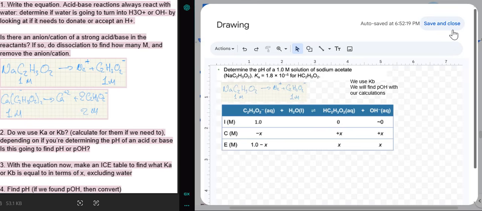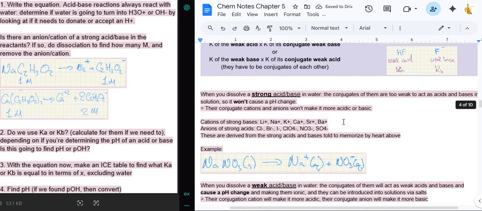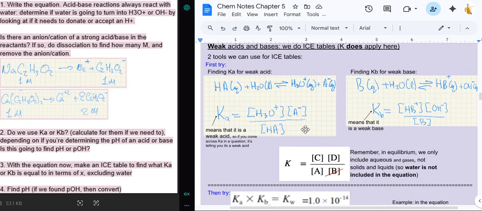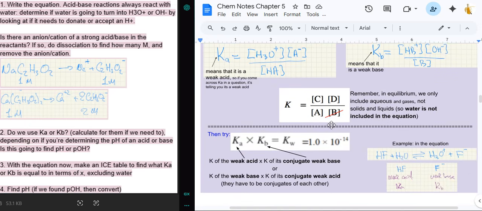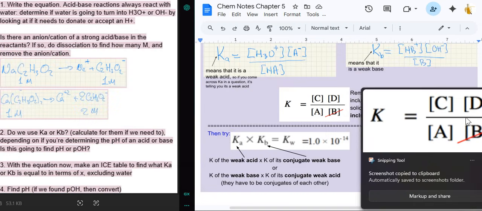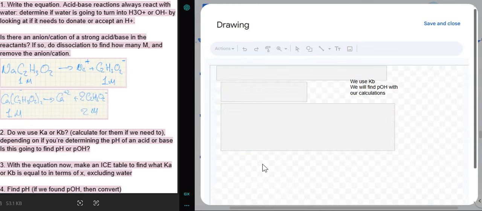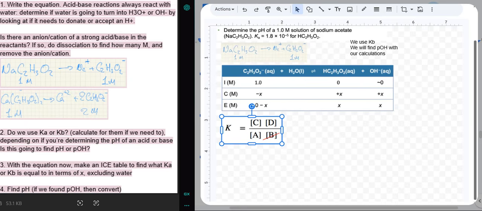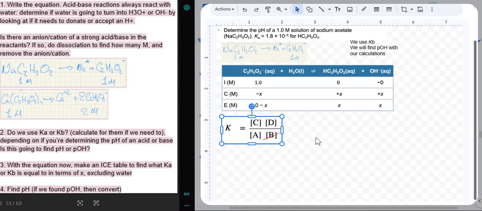Again, using the 2 tools we have over here. We first try to use this. So it's going to be like that.